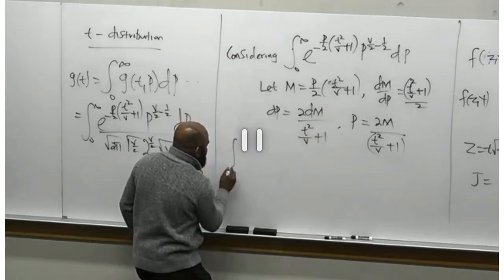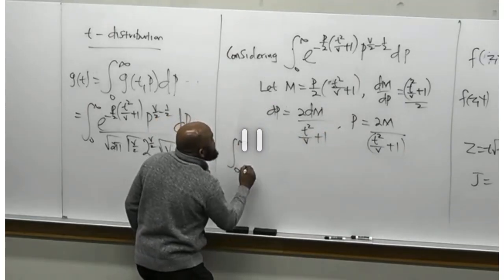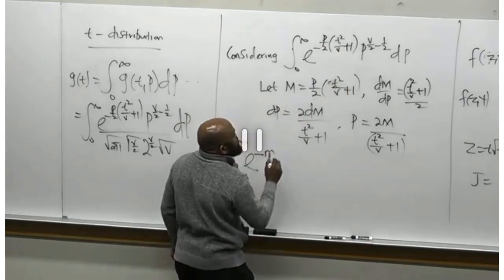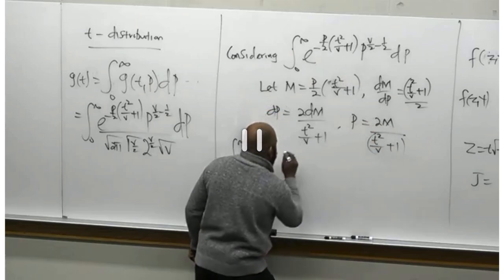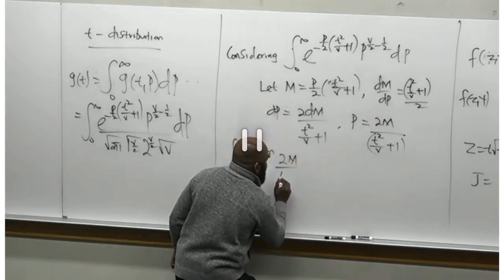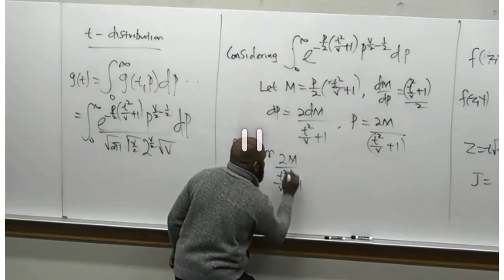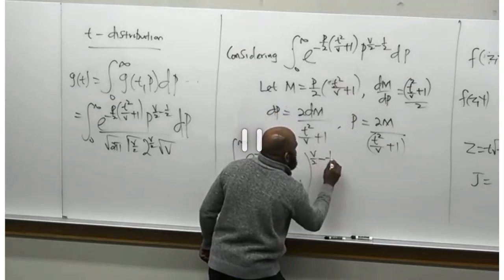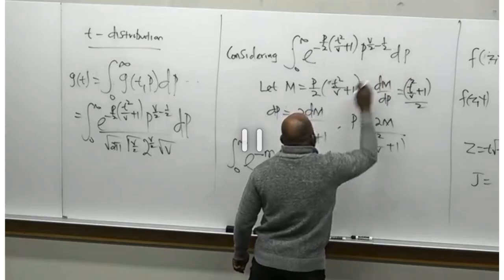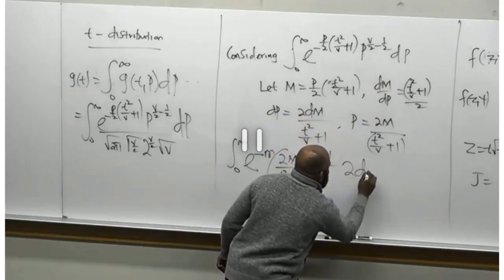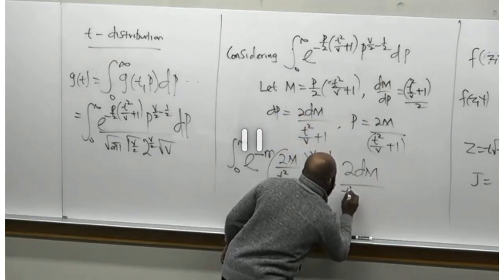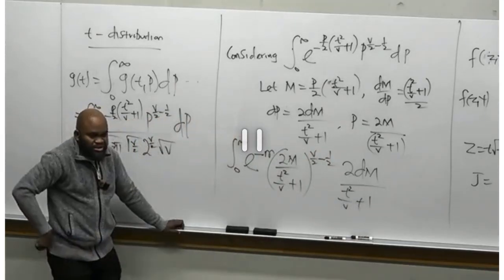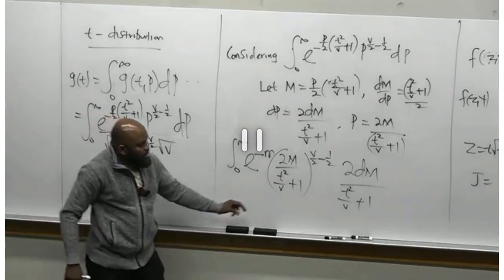Then I'm going to come back there and write 0 to infinity, e raised to the power negative M, the whole of that being M instead of P, then 2M divided by t squared over V plus 1 raised to the power V over 2 minus half. Instead of dP, I'm having 2 dM divided by t squared over V plus 1. Look at my interpretation. I'm using the substitution method. You can see what I have.